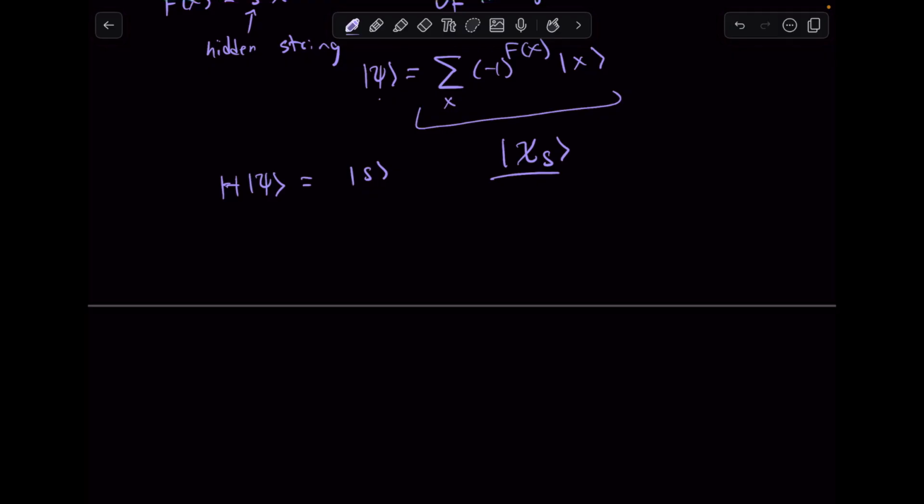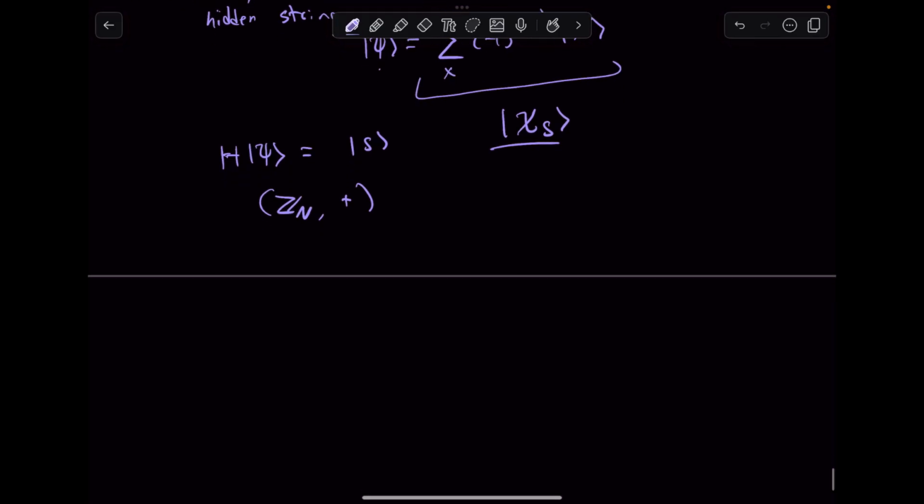But yeah, we'll get to that. And the quantum Fourier transform that we're going to discuss in that case is going to be over this group, Z_n with addition. But I thought this was a nice special subcase of all this to give some intuition of where these quantum algorithms are even coming from, and what's the deal with this whole quantum Fourier transform stuff. Yeah, so thank you.